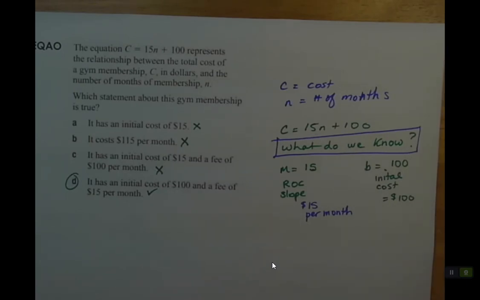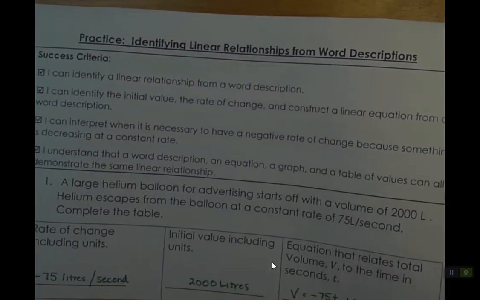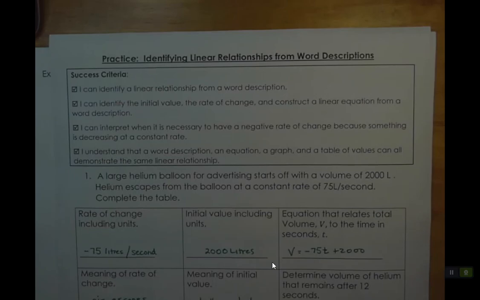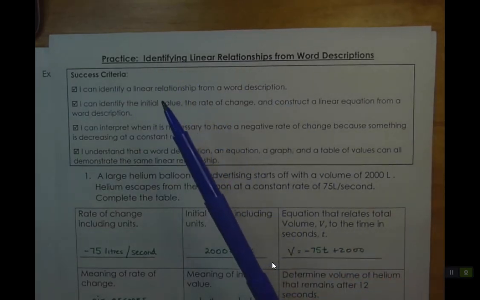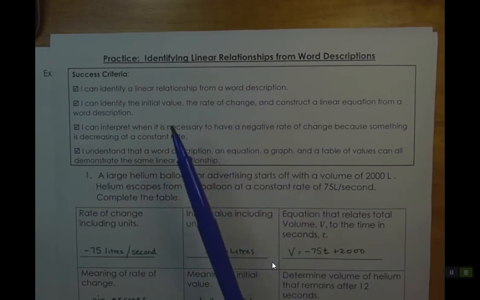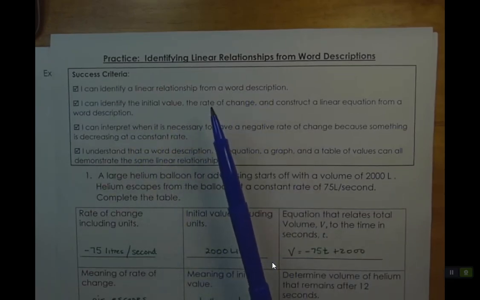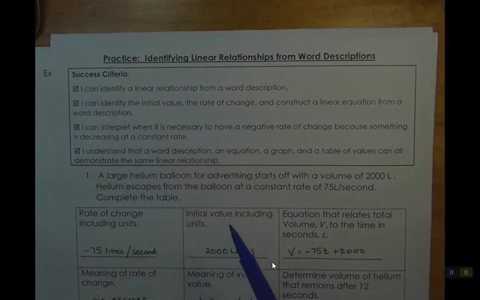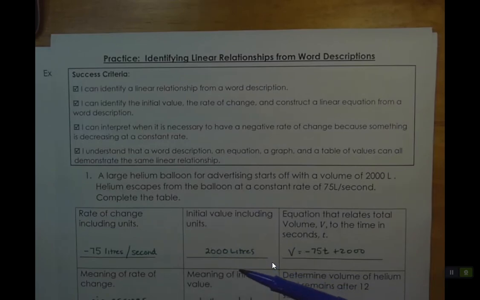So that's kind of the end of this lesson. But one of the things that we should be able to do is still identify a linear relationship from a word description and identify the initial value, the rate of change, and understand what the equation is. So I should be able to do a lot of these things.